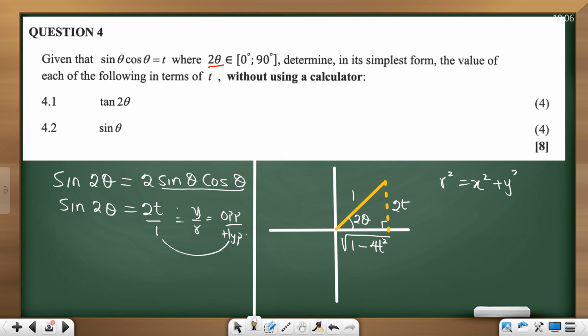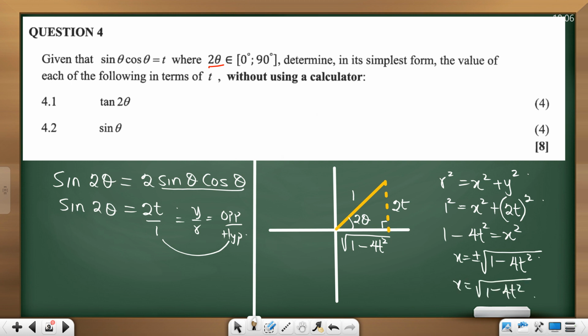X squared plus y squared. What is our R? 1 squared. Do we know x? No. Plus 2t, everything squared. 1 minus 4t squared equals x squared. What is x? And it is plus or minus, right? But which one are we using? We're using the positive one.